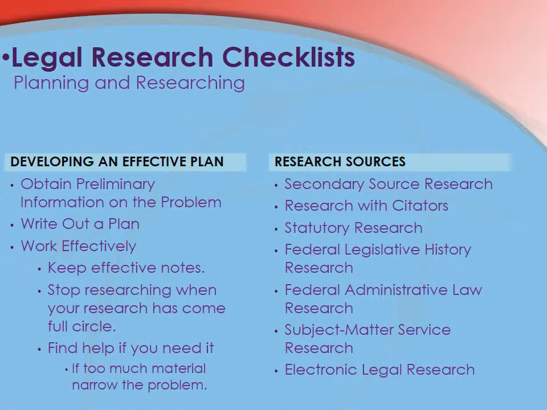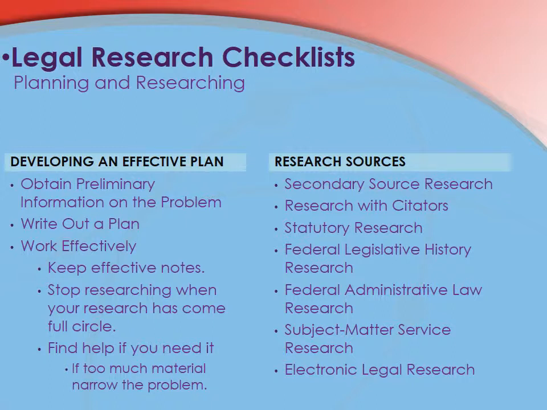And electronic legal research is not isolated to those paid research systems. You can use FindLaw, which is free, and the website is findlaw.com. You can use Google Scholar to find primary and secondary sources.